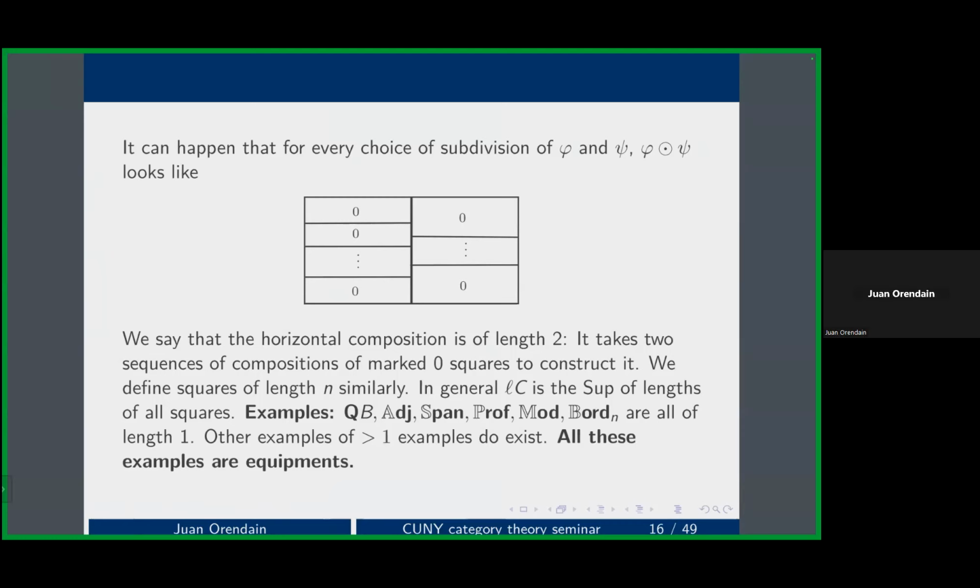Yeah. All right. So this is length 2. So length 1 is easy in the sense that you only have to do one direction. Then you have length 2, then length 3, then length 4, etc. In some double categories, you can reduce everything at the level of length 1.